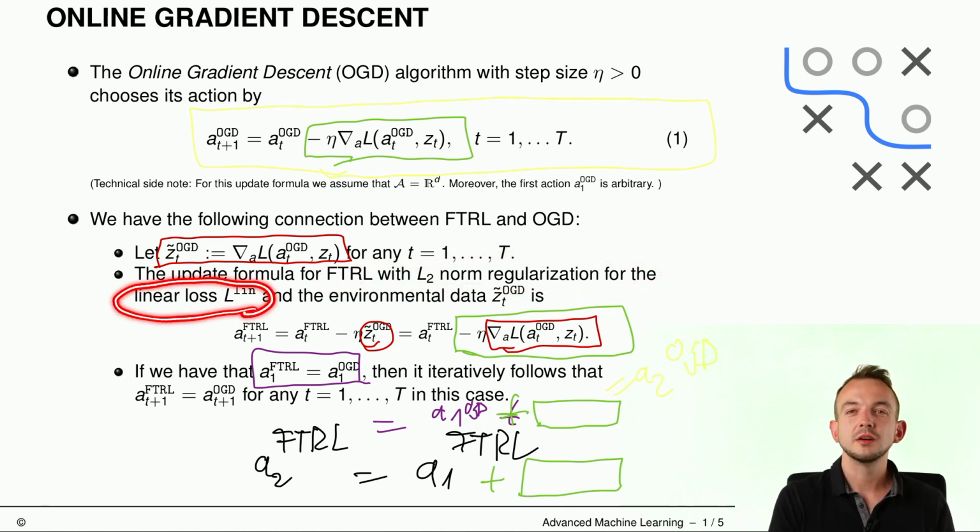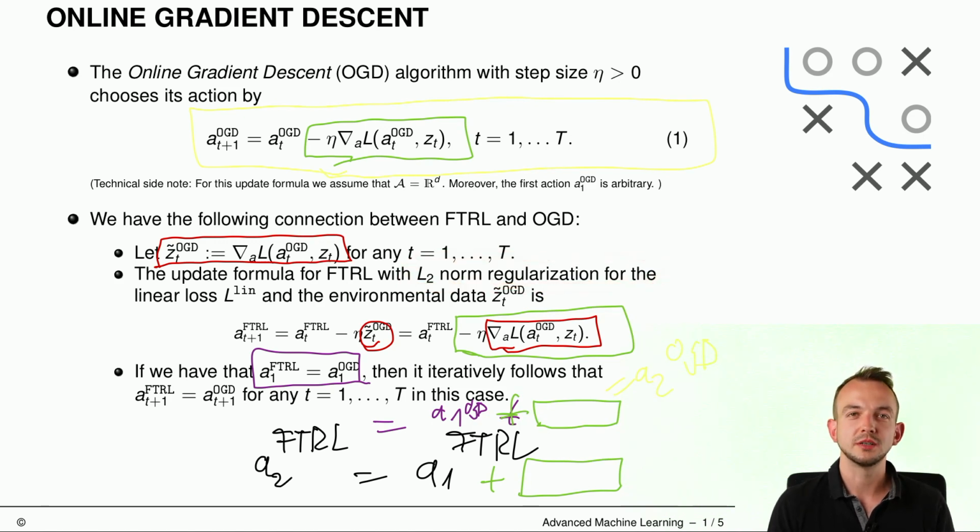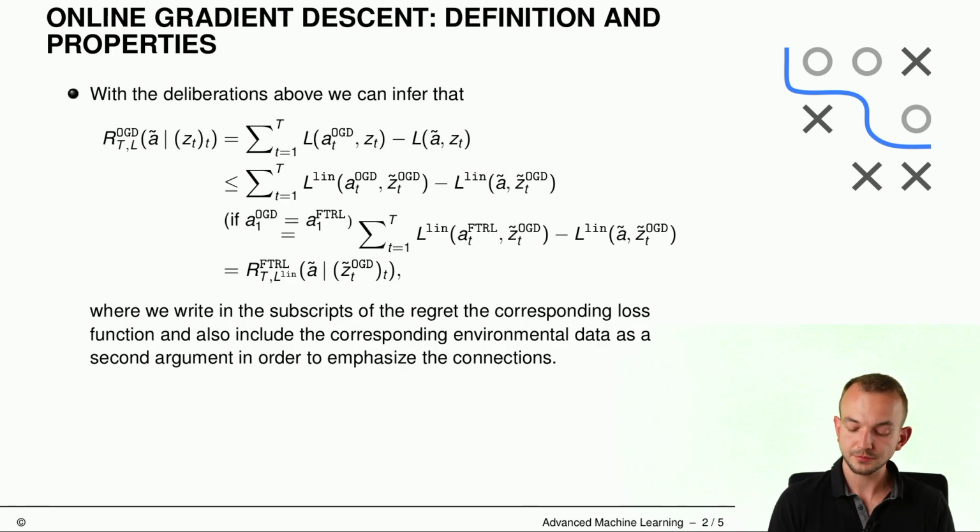So we are tackling an online linear optimization problem with the follow the regularized leader algorithm with this regularization, and then both coincide, online gradient descent and follow the regularized leader.